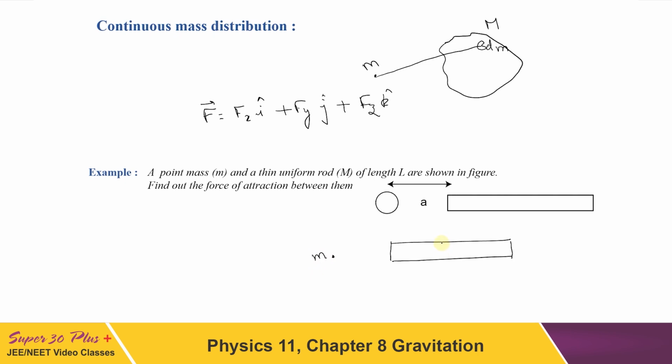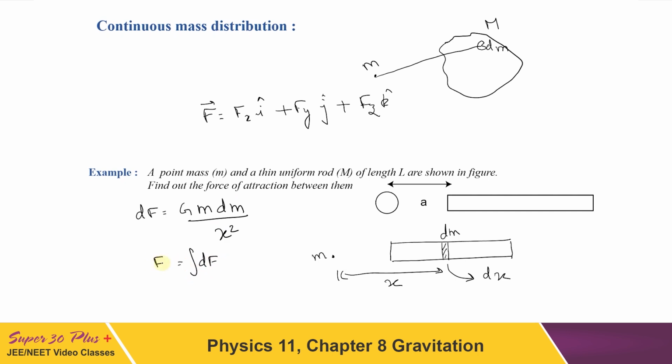First I am considering a small elemental particle which has mass dm. If this is at a distance x from the small mass and its width is dx, what will the force be? dF can be written as G m dm upon x square. But we are interested in the force exerted by the whole rod, so it should be integrated over the entire length of the rod.